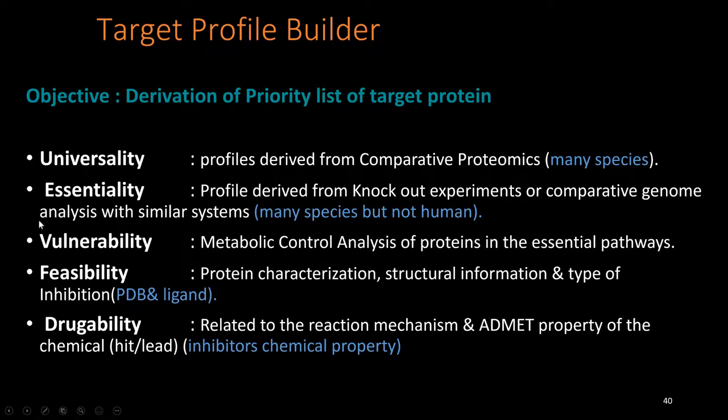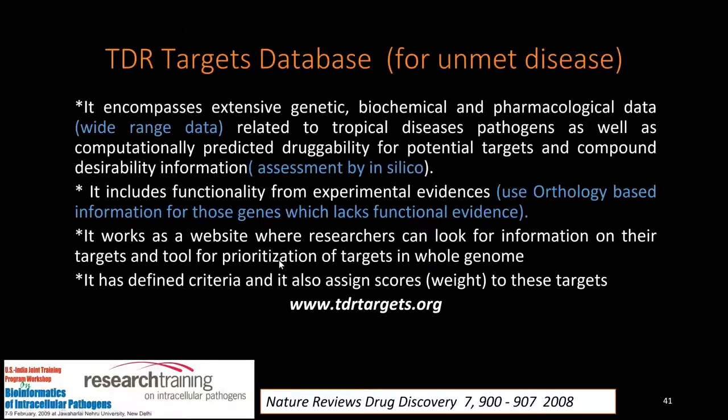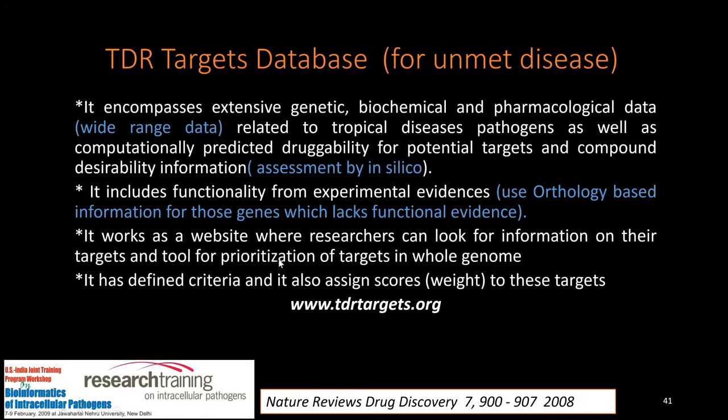These five criteria have actually been incorporated in an online software dedicated to unmet diseases. We worked with this group for a long time, and we offered some courses on how to do this hands-on, and I did that, so I show you. This is from 2009, and they have developed this.